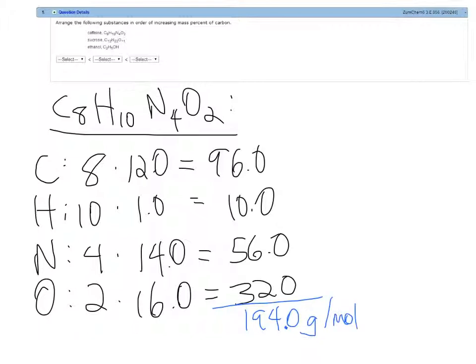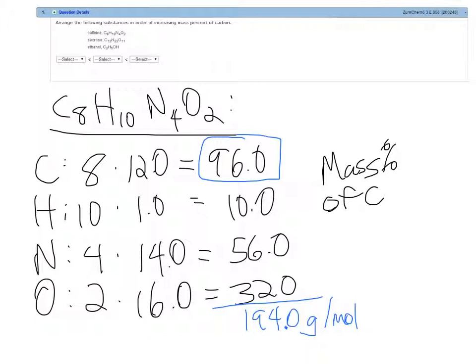Okay, so then to find mass percent, of that 194, how much of it was due just to the carbon? 96. So to get mass percent of carbon, we would take 96 over 194.